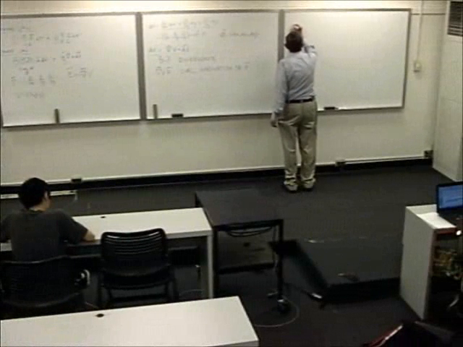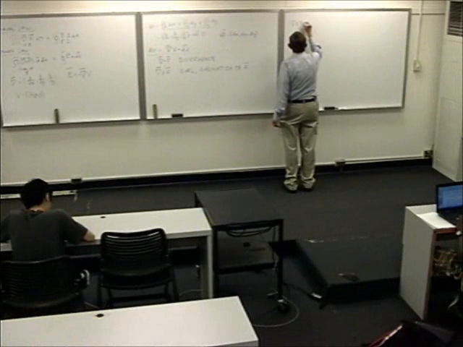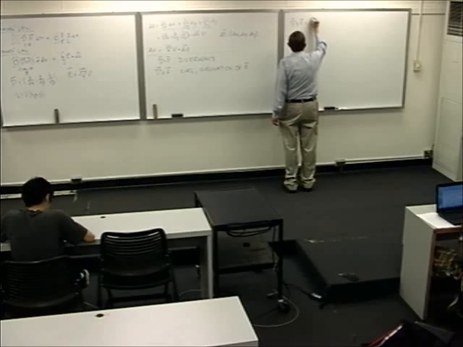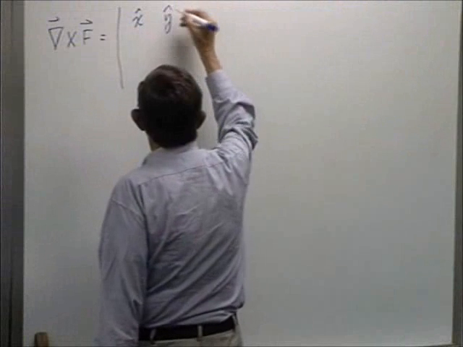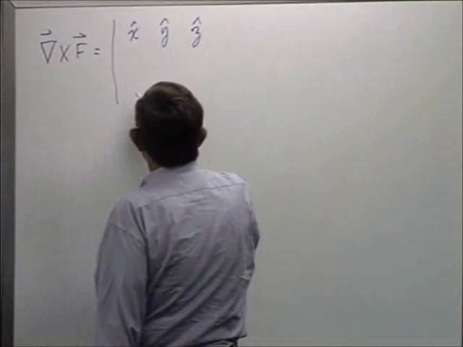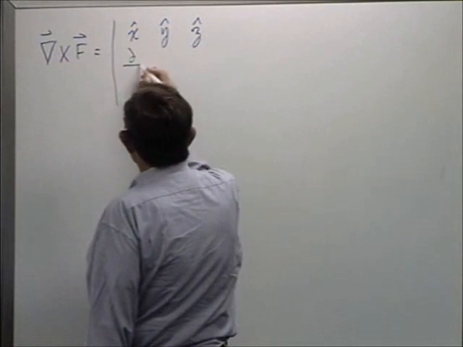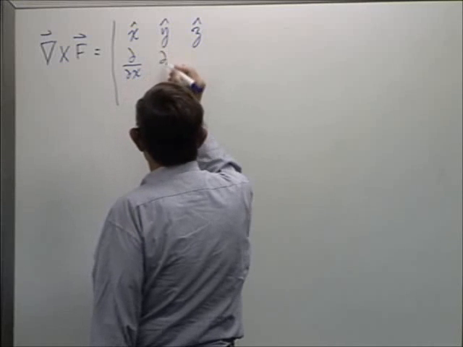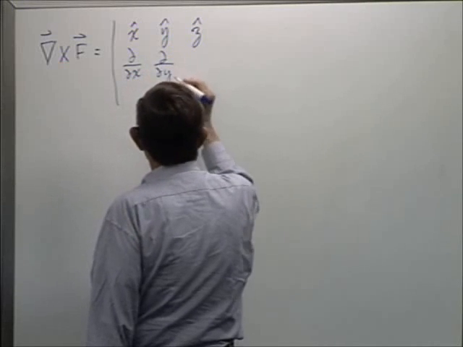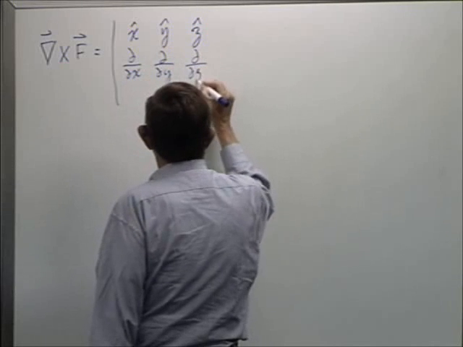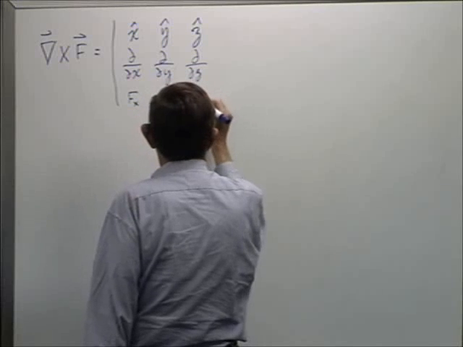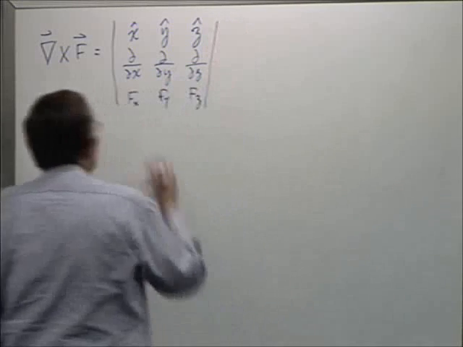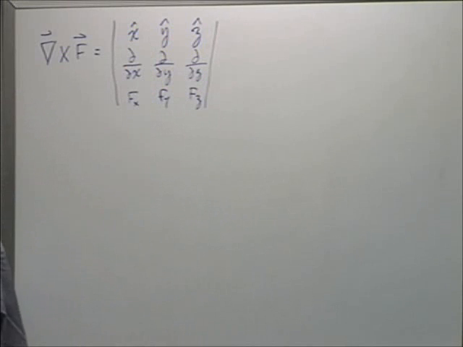Well, you take del cross F in Cartesian, which would be evaluating the determinant where you have unit vectors along the Cartesian axes, x, y, z. You have the change with respect to x, a change with respect to y, and the change with respect to z, and you've got fx, fy, fz. So the first row is the unit vectors along the axes.